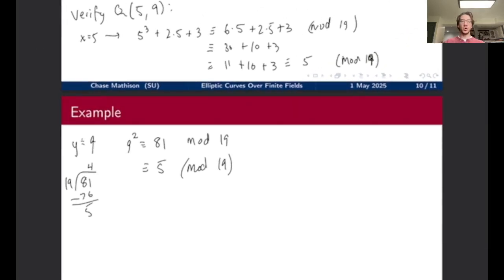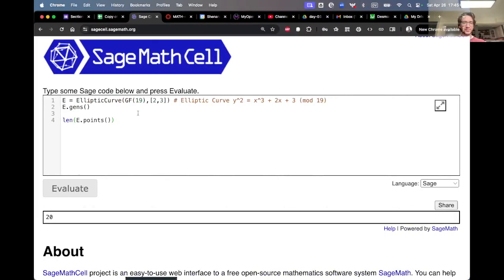Now let's go and add these points and let Sage do all these operations. So we're going to call P the point on the elliptic curve (1, 5), and Q be the point on the elliptic curve (5, 9). And we want to do P plus Q. When we add P plus Q, I'm just writing that down, P plus Q equals (14, 1).